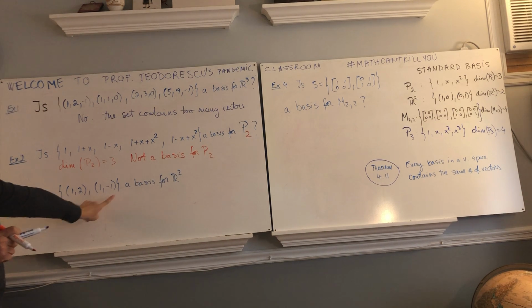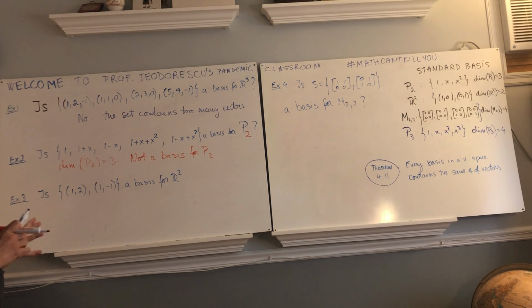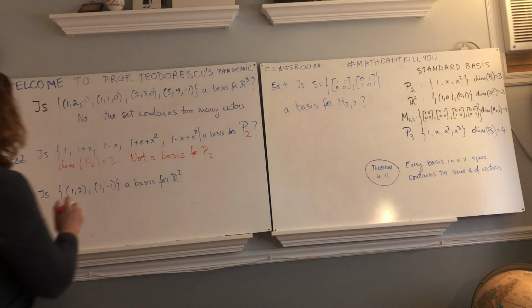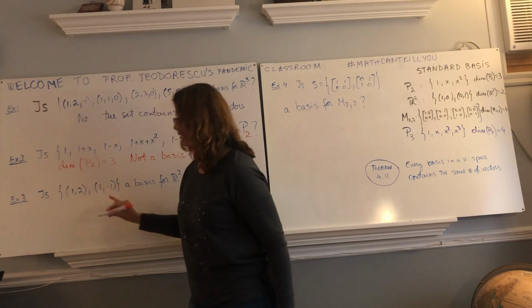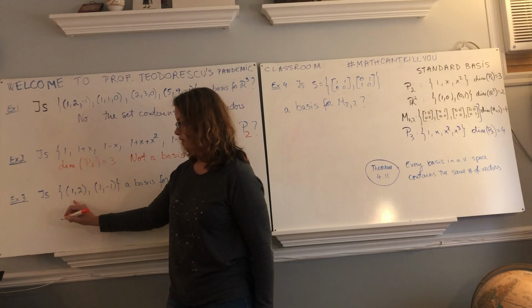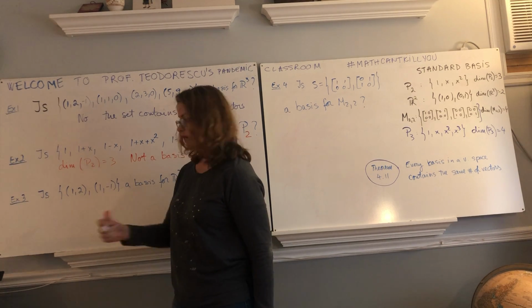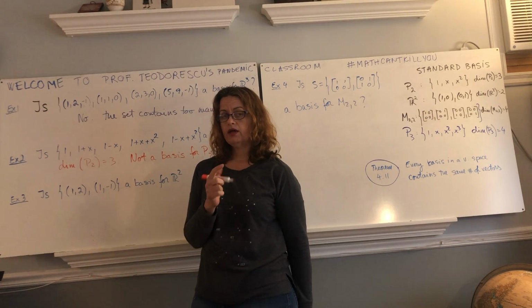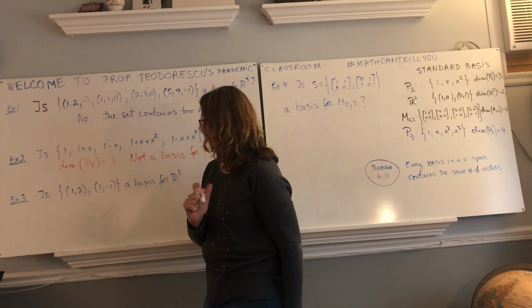Is this set a basis for R2? Well, R2 has dimension 2, so we're on the right track with this. This set contains 2 vectors. Now, in order for a set to be a basis, it has to span R2 and it has to be linearly independent.